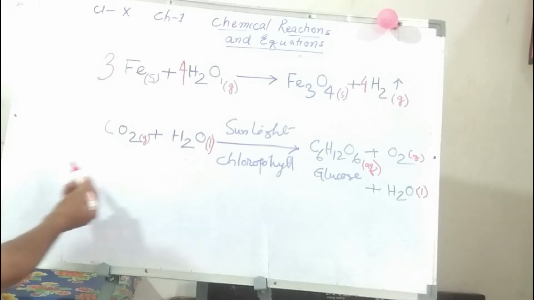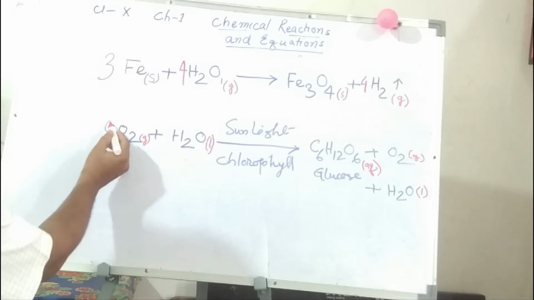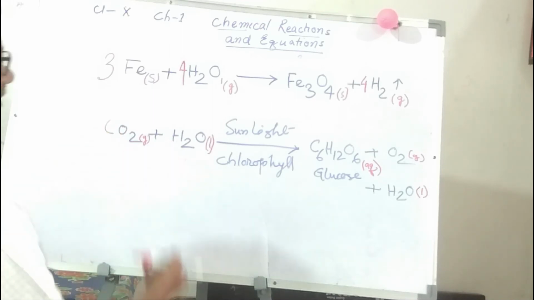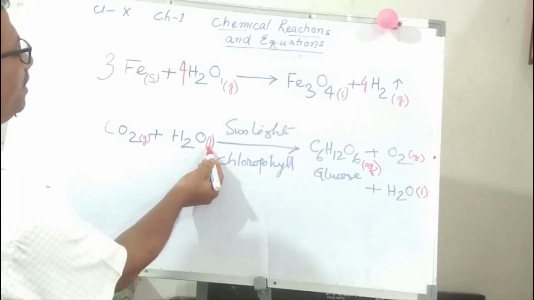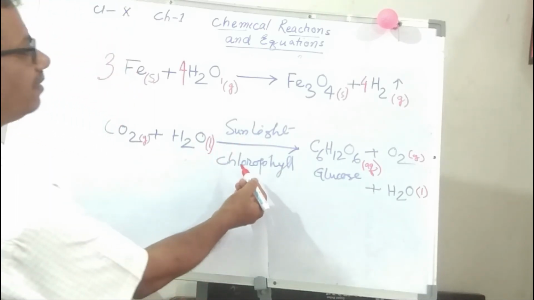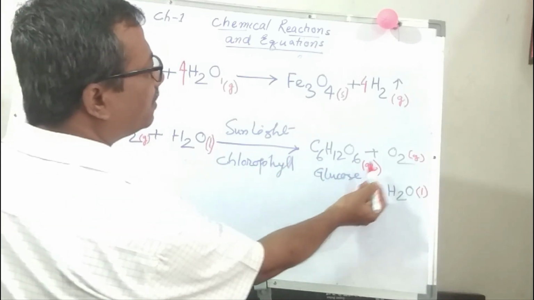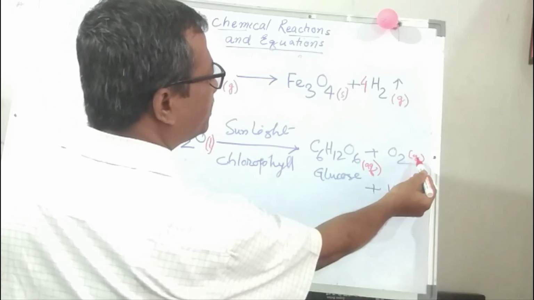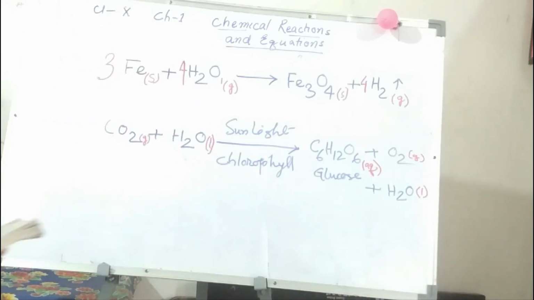From this reaction we can understand that carbon dioxide is gas taken in by the plants, water absorbed from the soil, this is liquid. In presence of sunlight and chlorophyll, glucose is produced, which is aqueous, oxygen is released, this is gas, and water is liquid. In the form of liquid it is produced.